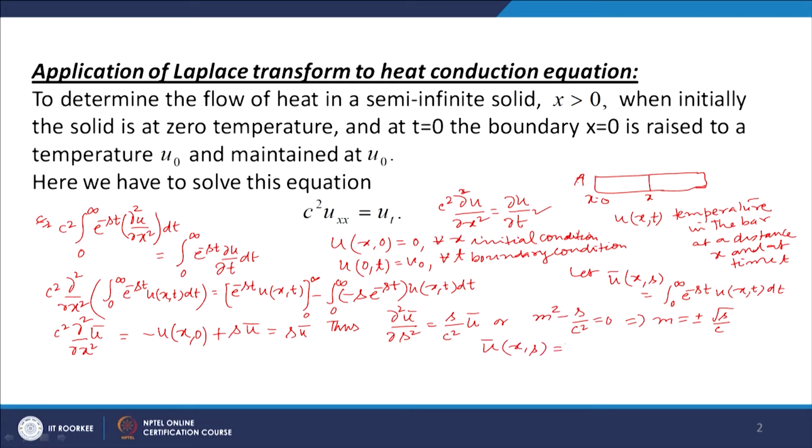So we have u bar x s will be some constant a, which will depend on s, into e to the power x root s by c, plus b times e to the power minus x root s by c. Now when x goes to infinity, we must take a equal to 0 in order that this u bar does not become infinite.